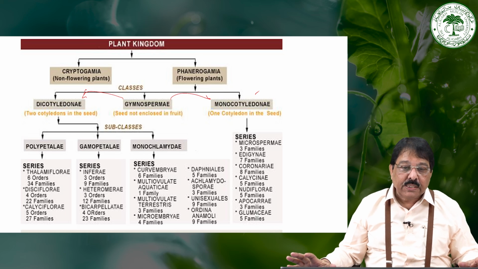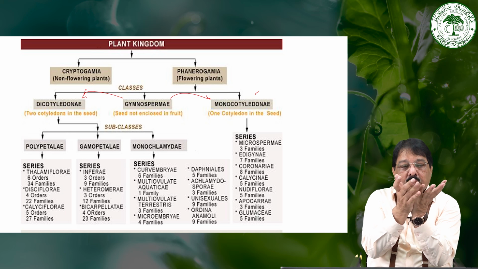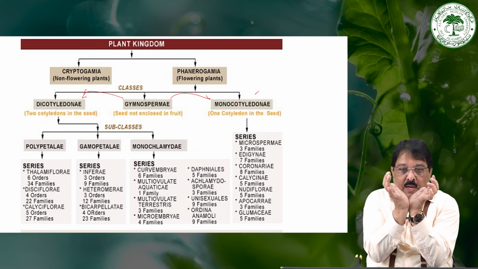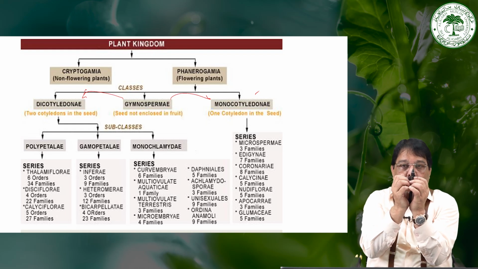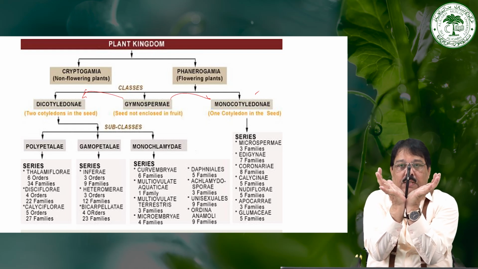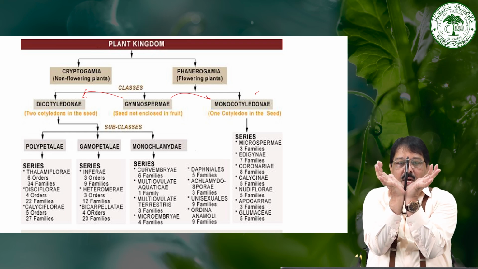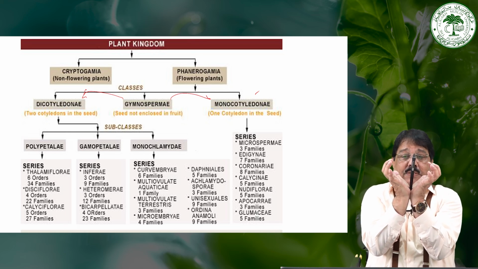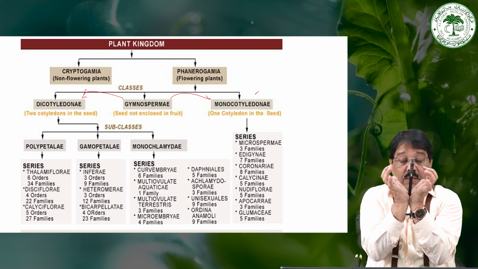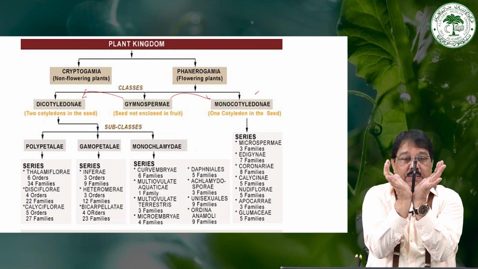Hypogynous: suppose this is the flower parts and the ovary occupies the top position, and all the flower parts, these are the sepals, petals, androecium, etcetera, arise from the base of the ovary and the ovary occupies the top position, then we would say it is hypogynous.